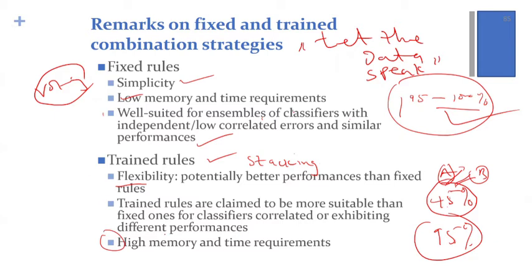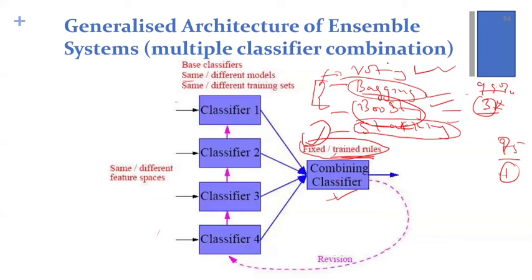So the major challenge with the train rule, even though it has the capability of achieving excellent results in most cases, is that it needs high memory and time requirement. Because it's like you are having double training. We train several models, and instead of just voting to select, we are training another model again.